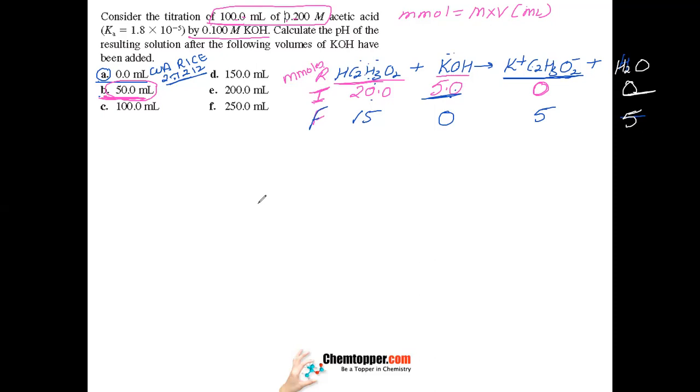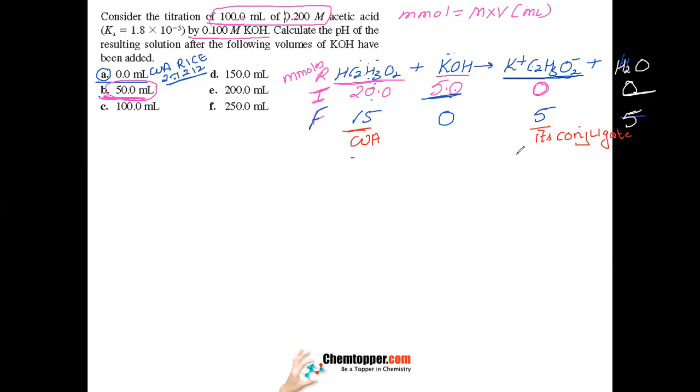Okay, so that's the situation after titration. In that conical flask, we have 15 of this and 5 of this. This is a weak acid and this is its conjugate. Right? Weak acid with its conjugate. What is it?